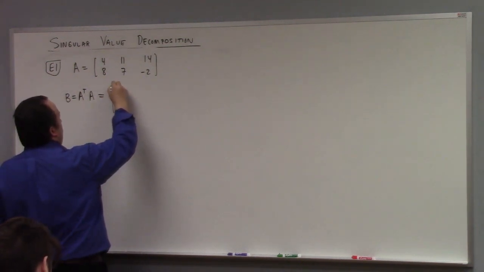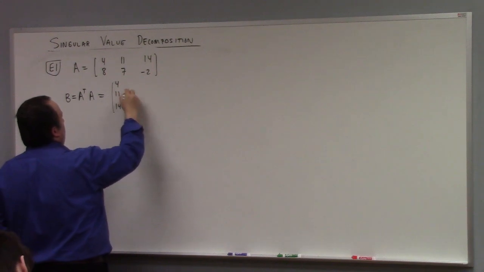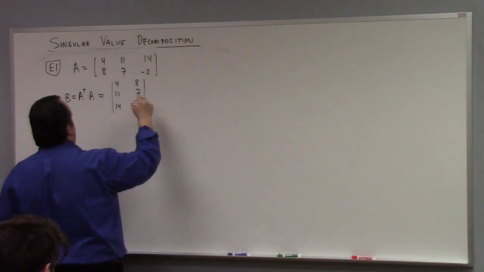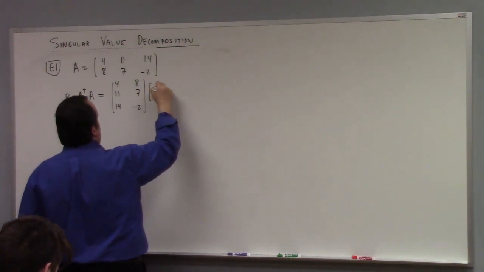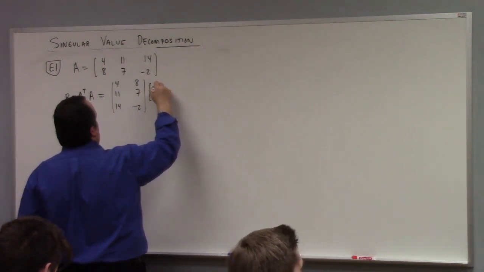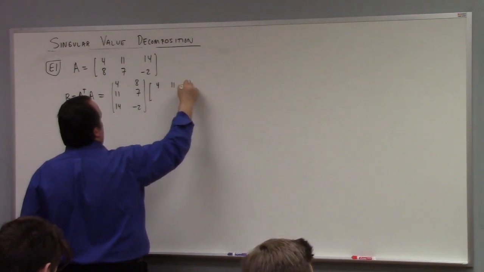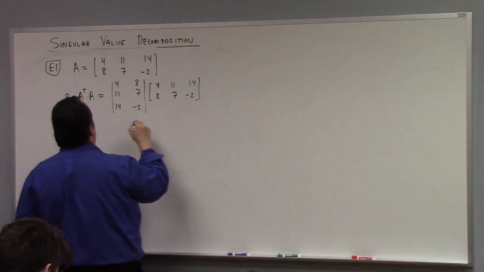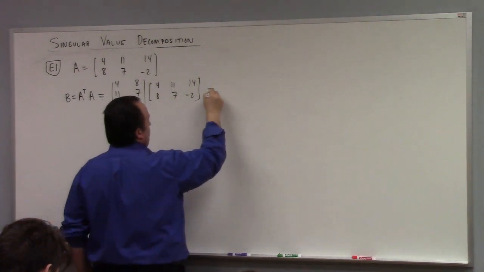All right, so we've got 4, 11, 14, 8, 7, minus 2. That's my transpose. Times 4, 11, 14, 8, 7, minus 2. What's that give me?